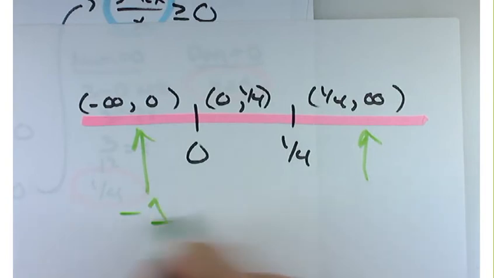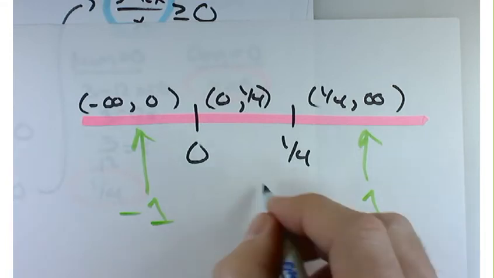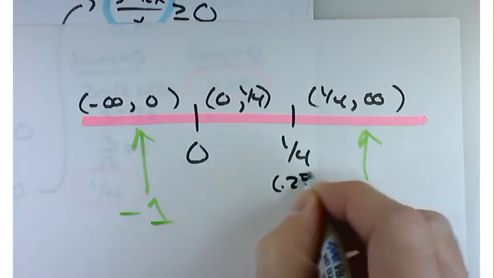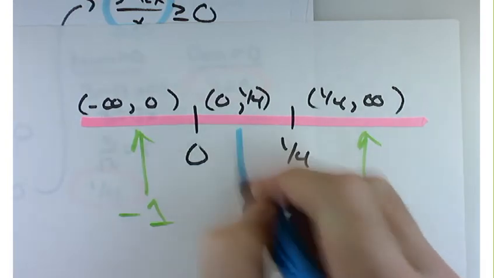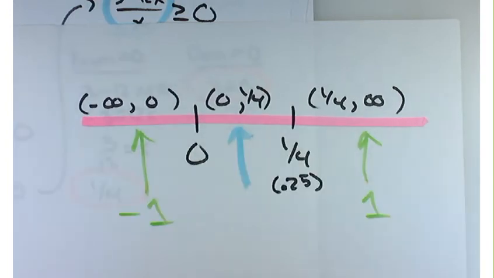So -1 and 1. Now for the middle one, let me see if I can't help things out by putting in a 0.25. All right? Because I got to figure out something between 0 and 0.25. So what would be a good test point in there? Sure, 0.15.